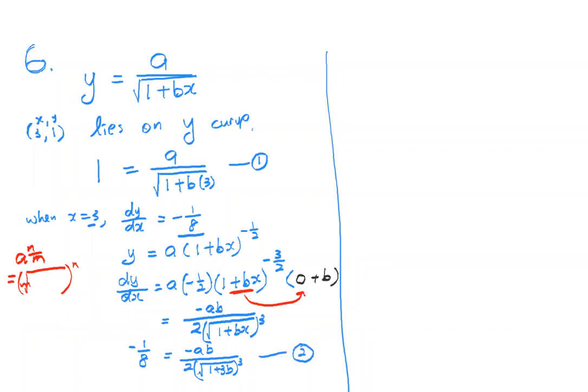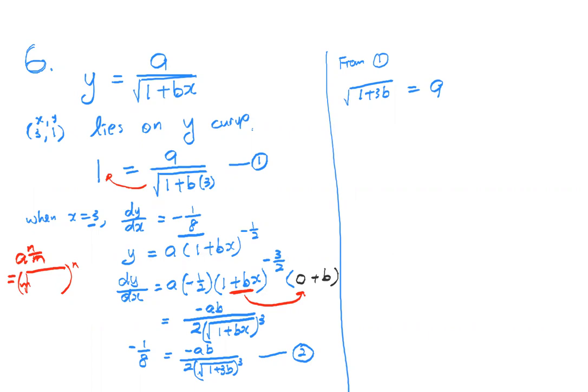So now I try to rearrange so that I can write A as a subject. Look, from 1, square root of 1 plus 3b equal to A, correct? Student, am I right?